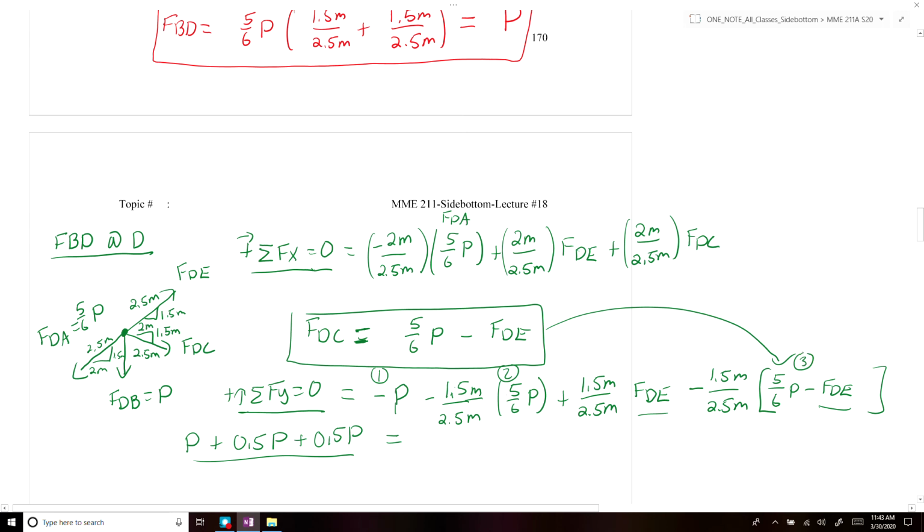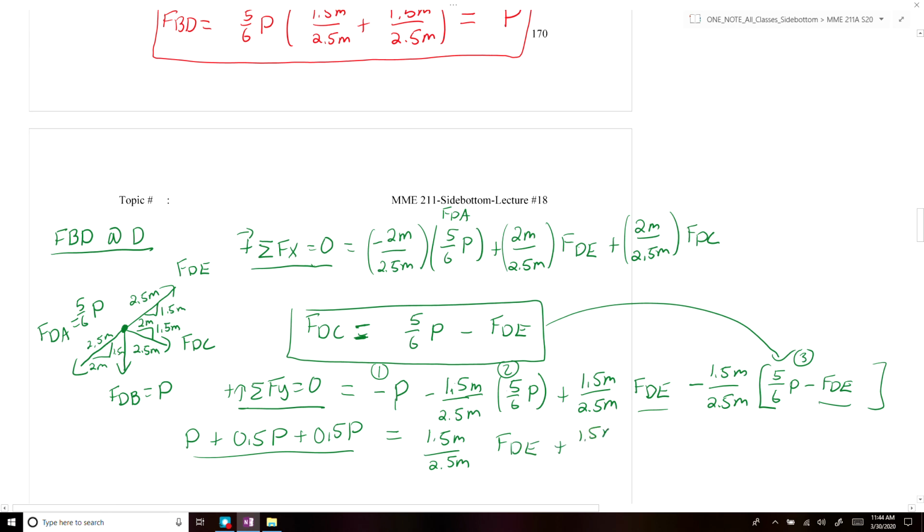Our unknown terms are going to be 1.5 meters over 2.5 meters times FDE, plus 1.5 meters over 2.5 meters times FDE.